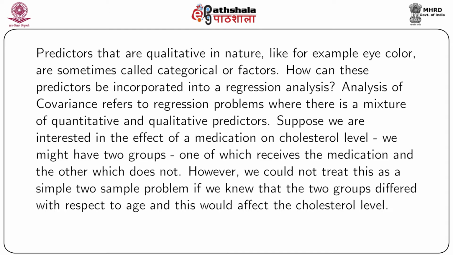If it were only two different parts of the population that we were checking for the cholesterol level of, we could simply perform a two-sample test of hypotheses. But in this case, we think of a different covariate, which is age, which might have some effect on the cholesterol level itself, apart from the effect of the medication.